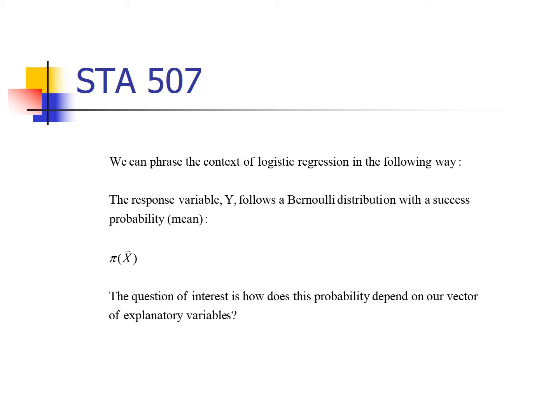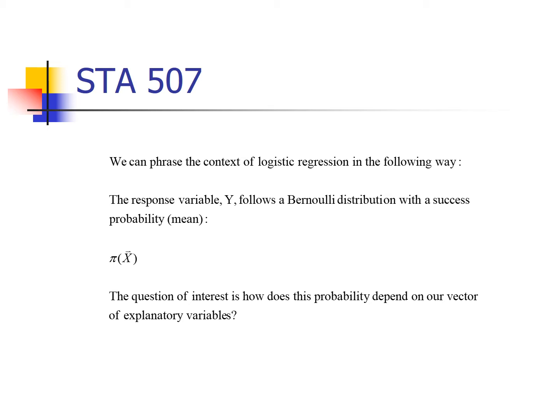Whatever outcome we label as a success, our parameter of interest is the probability of that outcome, the probability of a success, which we call pi. So that's what we have to deal with. We want to look at the situation where this pi might be a function of other explanatory variables.